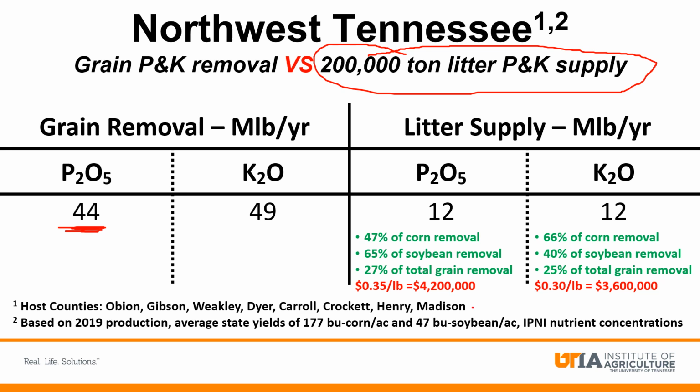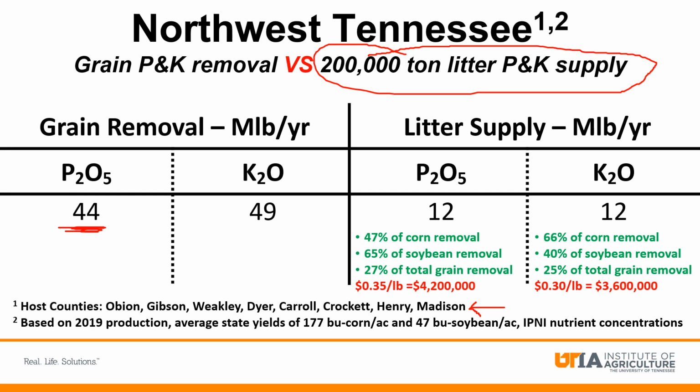You can see it would be 44 million pounds of P2O5 and 49 million pounds of K2O in total for both soybeans and corn. If we look at the litter supply, that's going to be approximately 12 million pounds of each of these nutrients. This is a significant supply of these plant nutrients for grain production potentially.